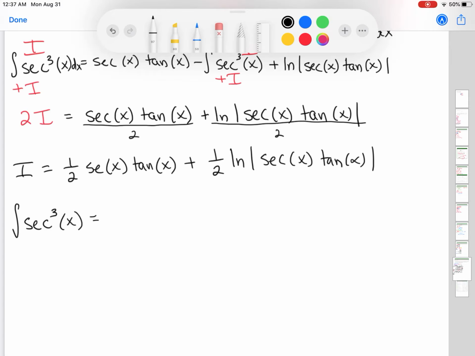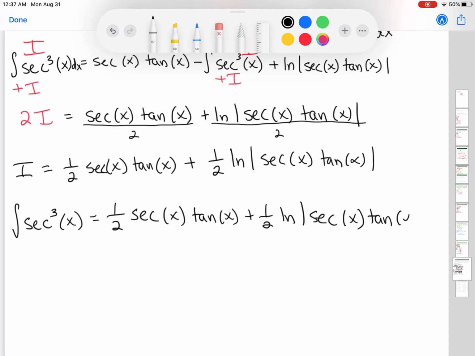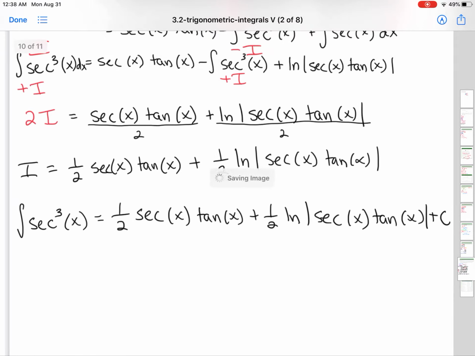I was standing in place for secant cubed x, so that's going to be equal to all of this. You could add a plus c if you'd like, because there are technically plus c's in there. But there you are. There is the integral of secant cubed.